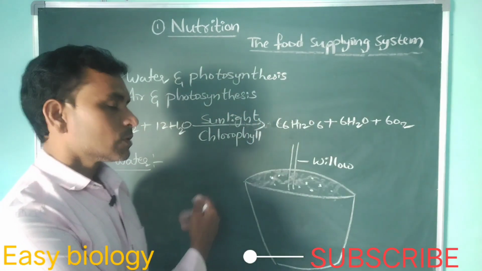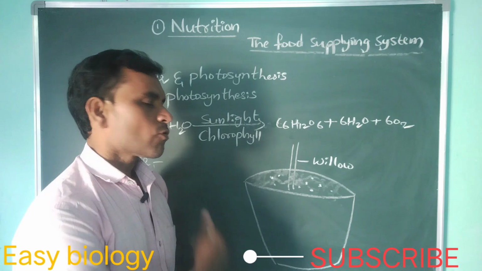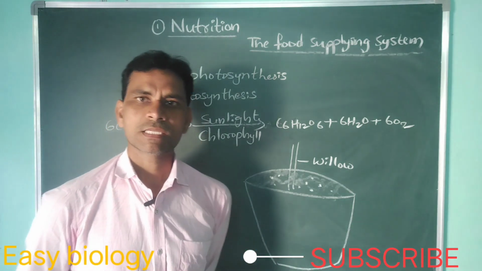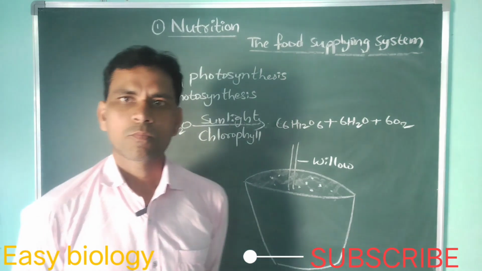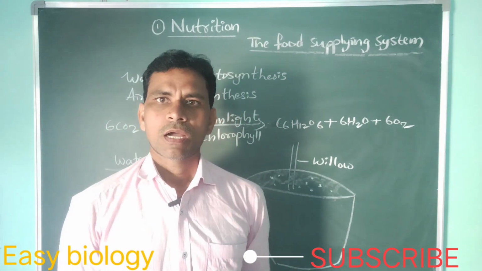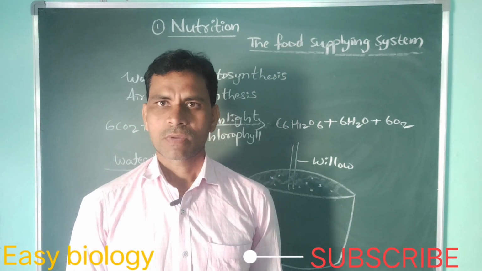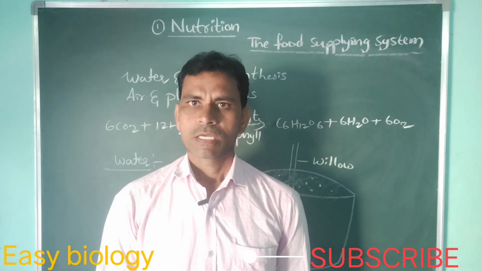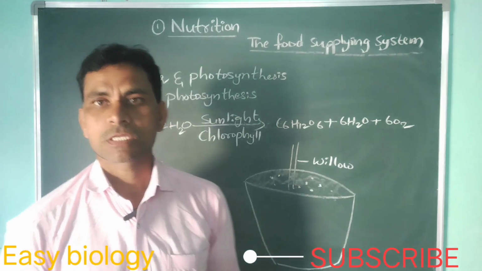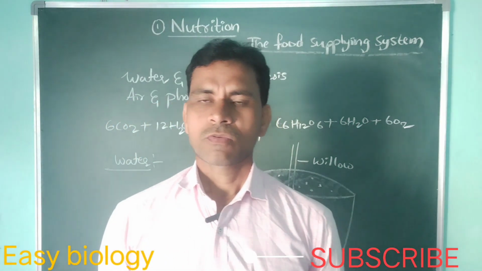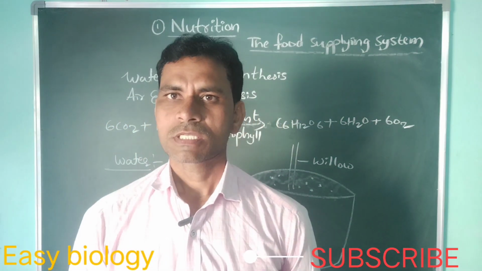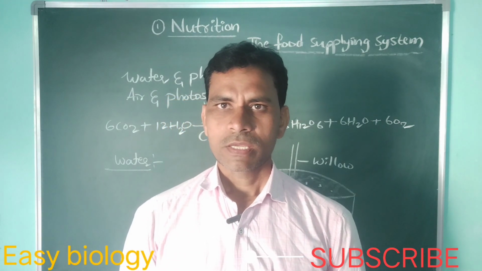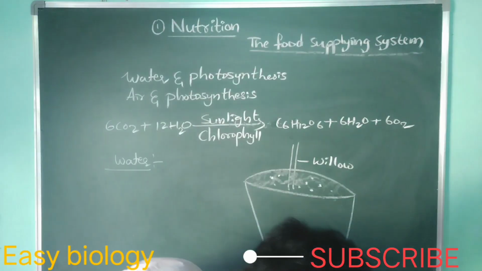But first of all, the scientist von Helmont did the experiment with a willow plant, a pot and soil, and he measured the mass of the soil as well as the plant mass. Then he concluded this. Later we know that not only water, other things are also required for photosynthesis.